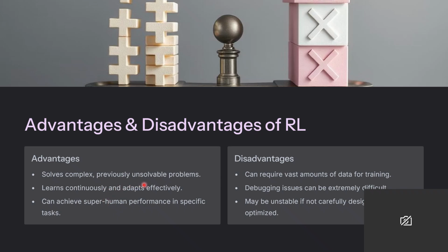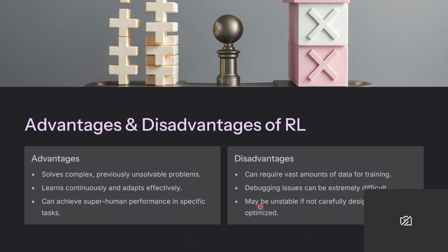It keeps learning all the time, becoming smarter and better. In some areas, it can even perform better than humans. For example, AI beating humans in games like Go or Dota 2, or nowadays in tic-tac-toe also.